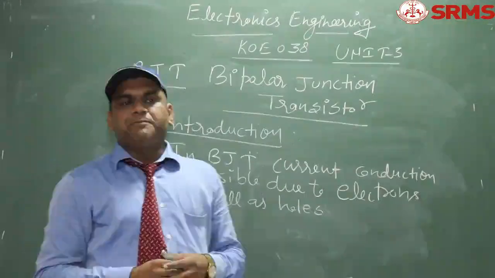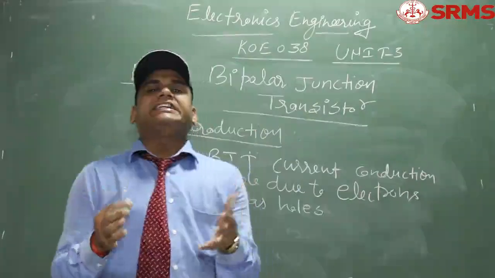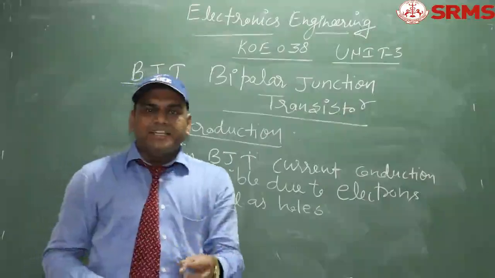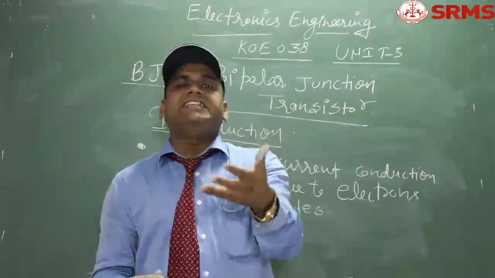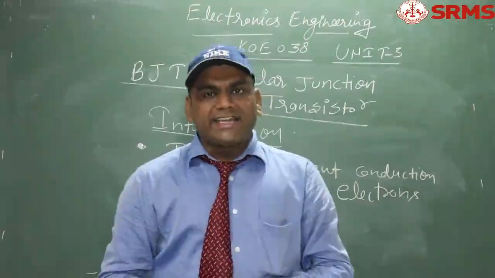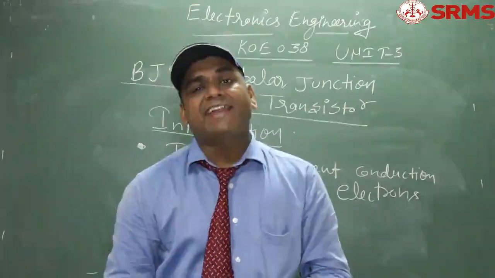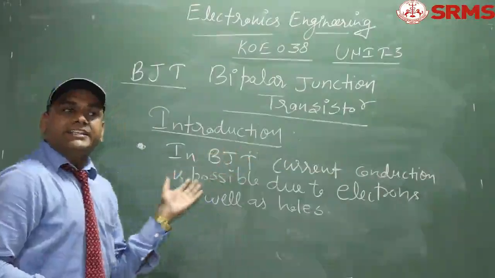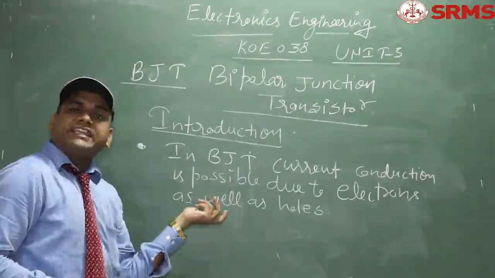So in the bipolar junction transistor, the current conduction is basically due to the electrons as well as holes. That means the current is constituted in the device through the majority charge carriers as well as the minority charge carriers. So in the transistor we have both types of charge carriers, and current is constituted due to both types of charge carriers. This is the reason.